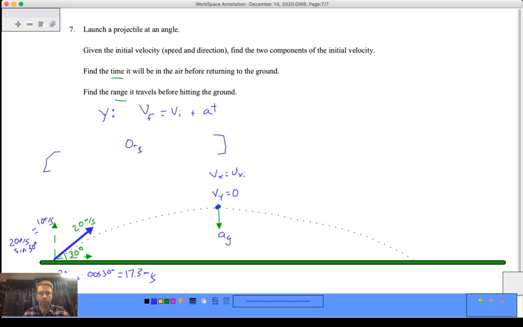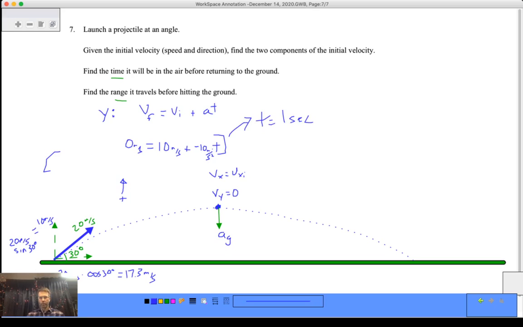The beginning speed is 10 in the upward direction, and g in this case is 10. I'm going to make up positive, so g is negative 10 meters per second squared times t. What's convenient is that if we solve for t, it's 1 second. That is, it takes 1 second to get to the top.